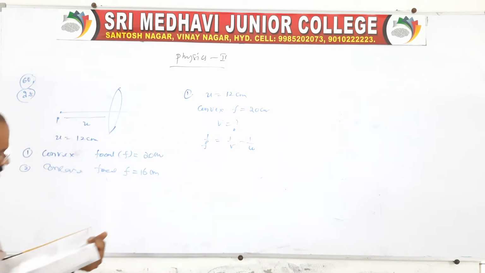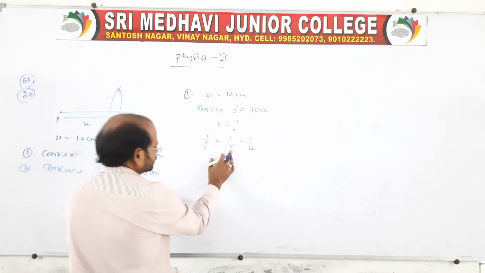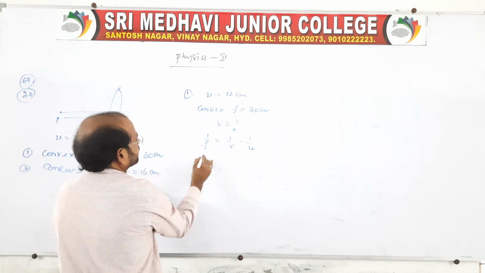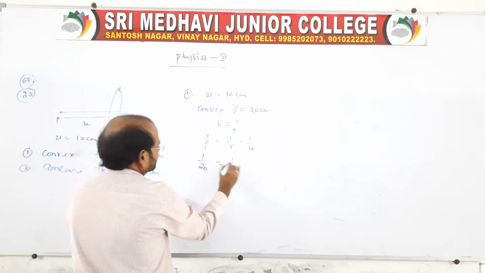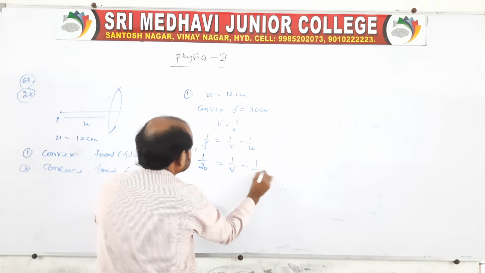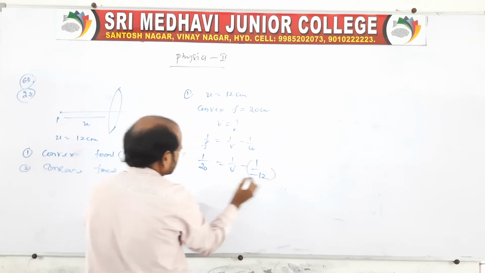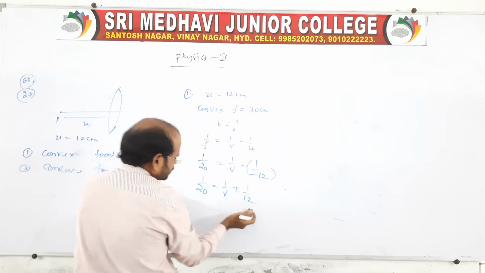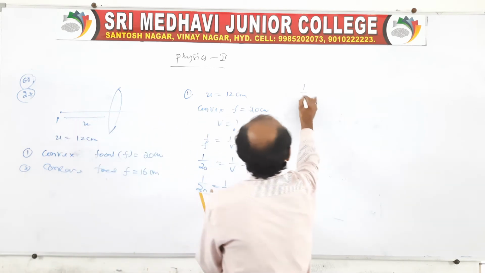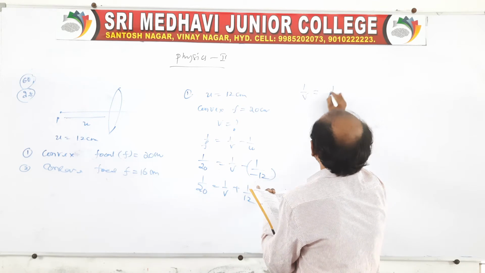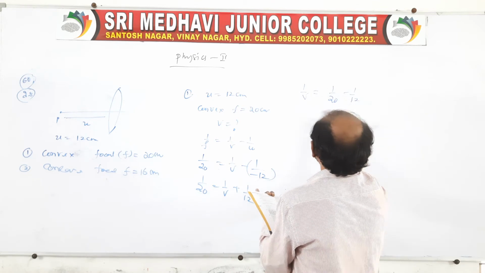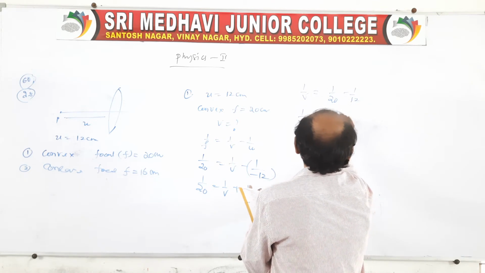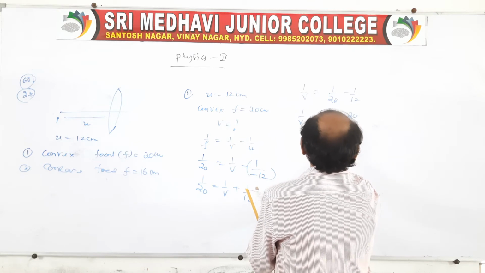Since the image distance is asked, for the convex lens you write 1 by f directly as 1 by v, and the object distance is measured in the opposite direction, right? So 1 by 20 is equal to 1 by v plus 1 by 12. So you get 1 by v is equal to 1 by 20 minus 1 by 12. So 1 by v is equal to 12 minus 20 by 20 into 12.